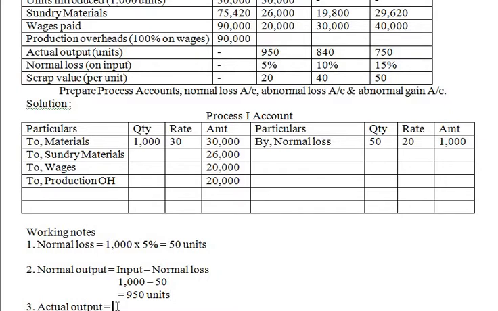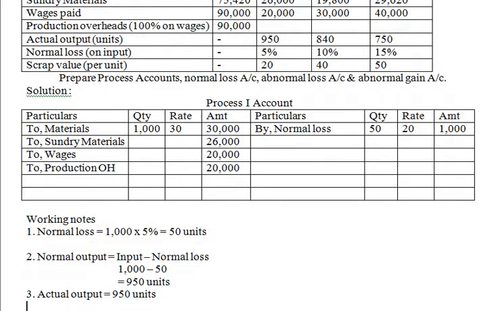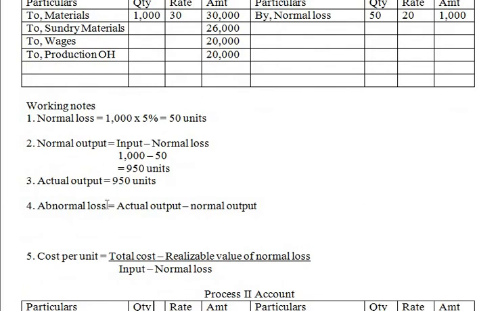So here also it is 950 units. Okay, so there is no abnormal loss or gain. Here you can show the calculation or don't show it. 950 units minus 950 units, so that is equal to 0. It means there is no abnormal loss or gain.